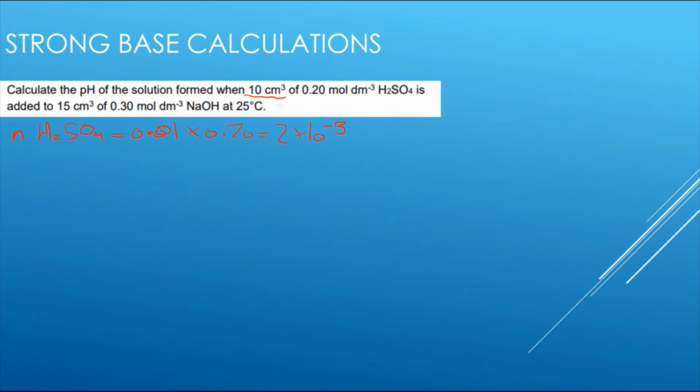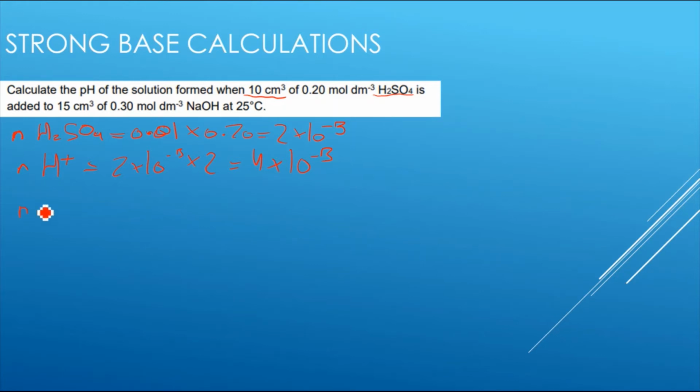Now these are the moles of H2SO4, but we want the moles of H plus. For every 1 mole of H2SO4, we would have 2 moles of H plus, because it's H2. So there would be 2 H's. That means it'd be 2 times 10 to the power of minus 3 times 2, which is simply 4 times 10 to the power of minus 3.